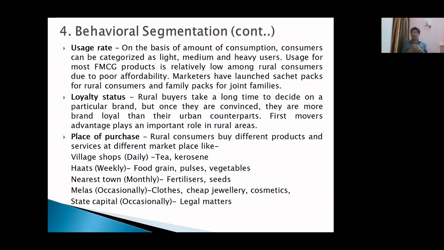And for any kind of legal matter or for recreation, they will occasionally visit the state capital. Marketers must know these occasions, which type of product will be sold from these places, and the frequency with which the consumer will visit these places. Accordingly, the market could be segmented and targeted.